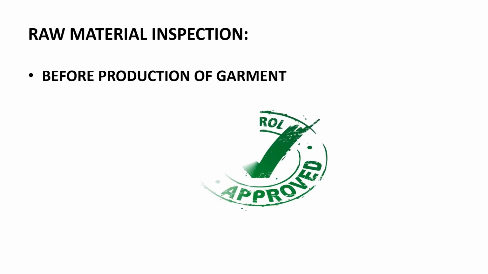Definitely, if you inspect the raw material after production, there is no meaning to it. Why? Because the raw material has already been used. You cannot take the material out of the garment. So whatever you want to do, you have to do it before production only.